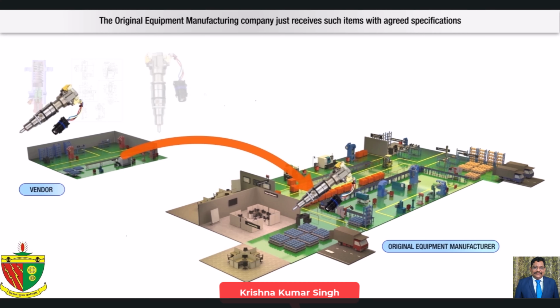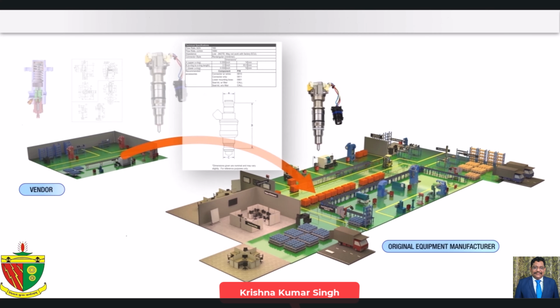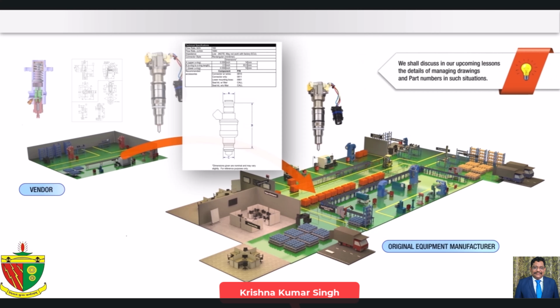The original equipment manufacturing company just receives such items with agreed specifications, fit, form, function, and standards adhered by the suppliers. Note: we shall discuss in our upcoming lessons the details of managing drawings and part numbers in such situations.